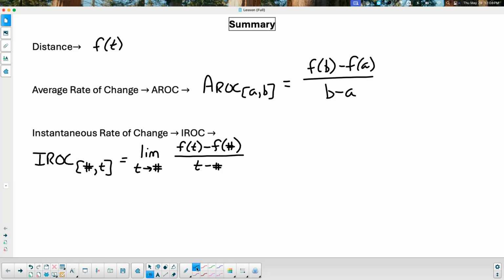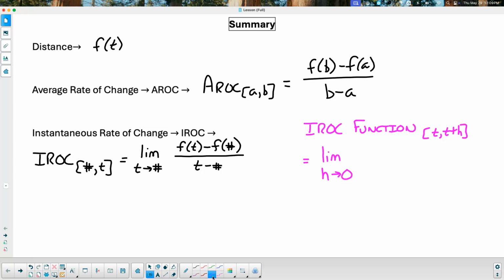Okay? But then yesterday, we said that the IRoC function was equal to the limit as h approached 0. So we went on the interval t to t plus h.